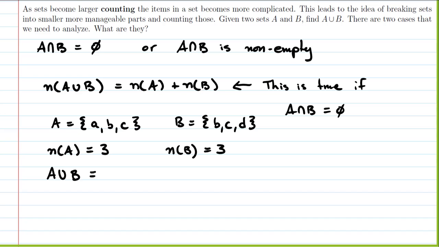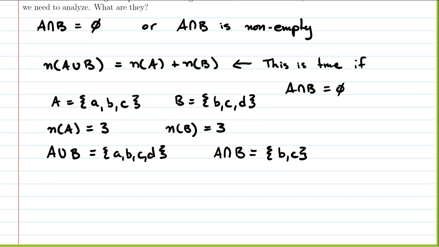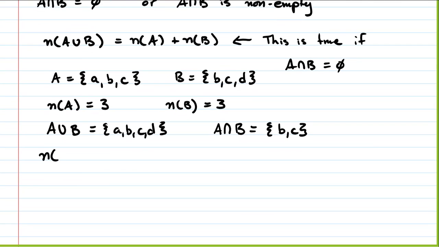What is A union B? That would be a, b, c, d. And what is A intersect B? That would be b, c. So how many things are there in A union B? 1, 2, 3, 4. And how many things are there in A intersect B? 1, 2.